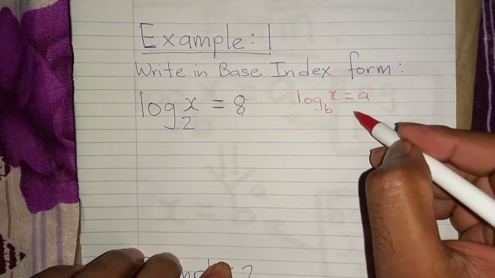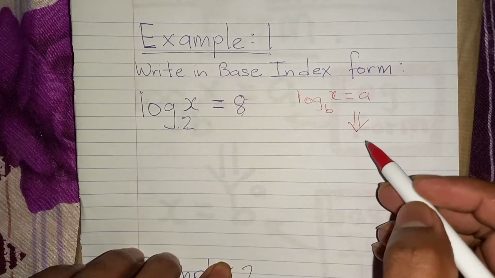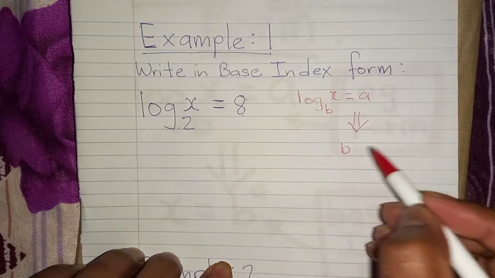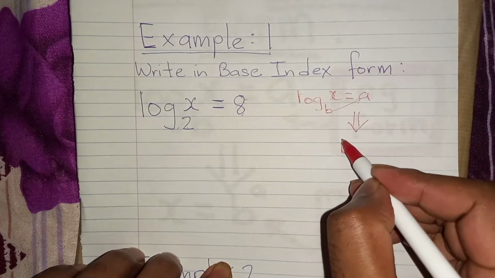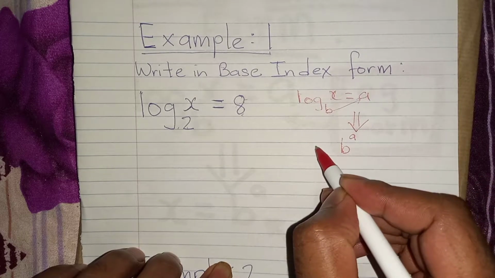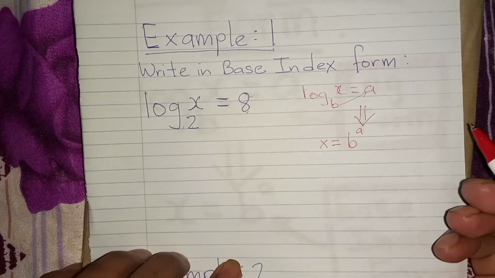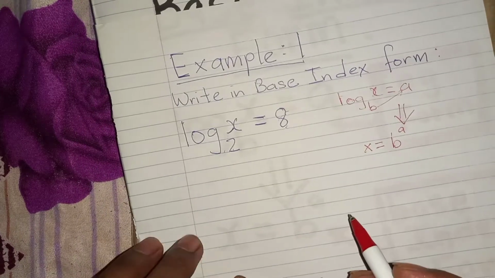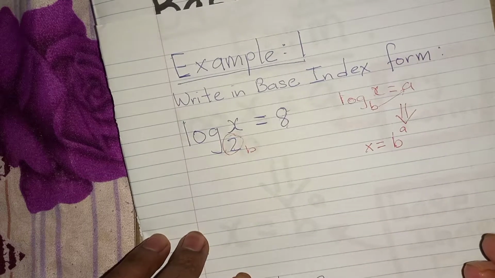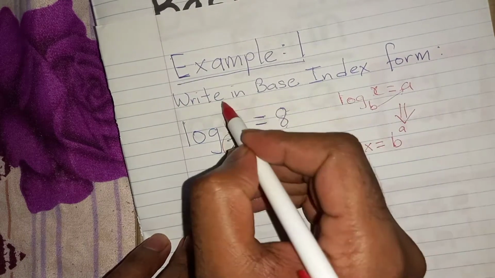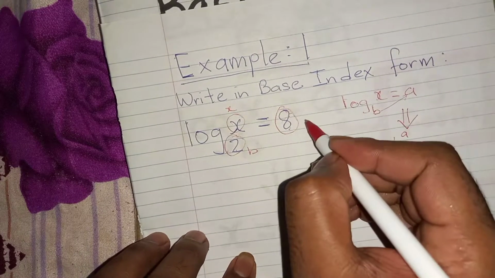Now if I have to write this in base index form, it is b raised to a, and this is equal to x. So from here our value of b is 2, x is still x, and a is 8.